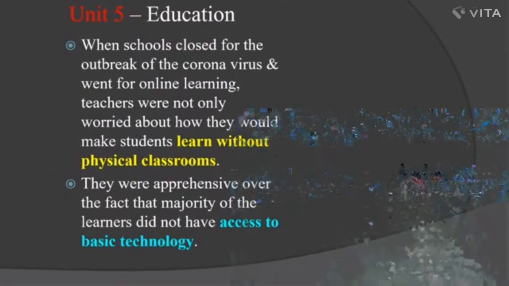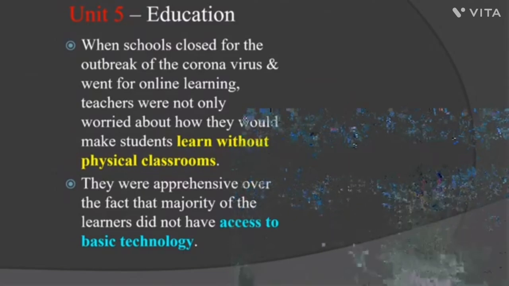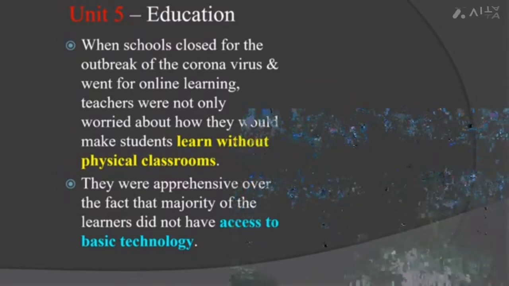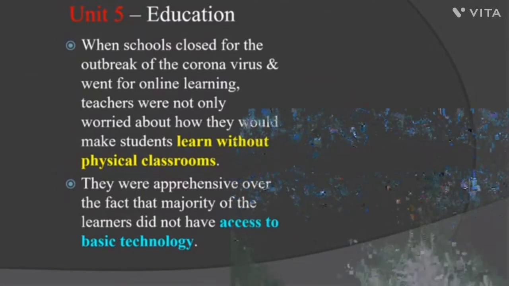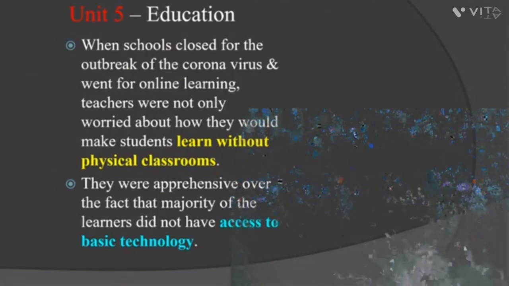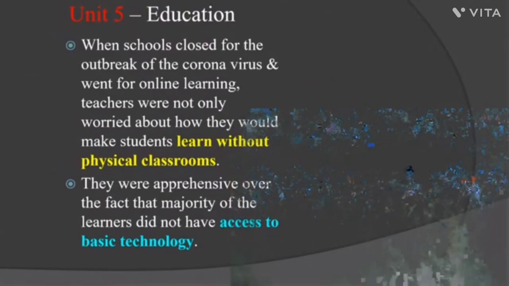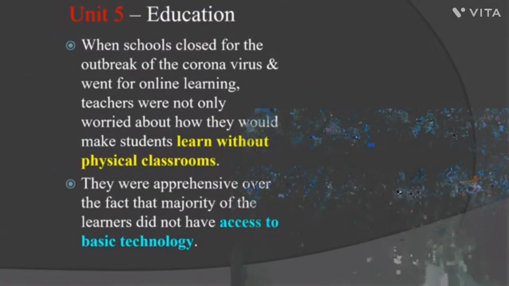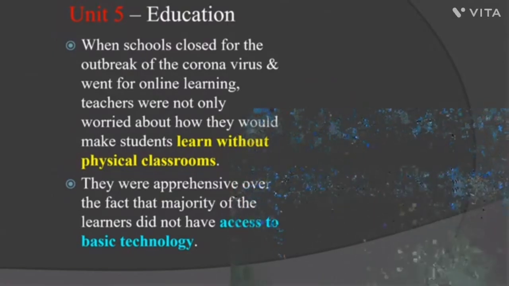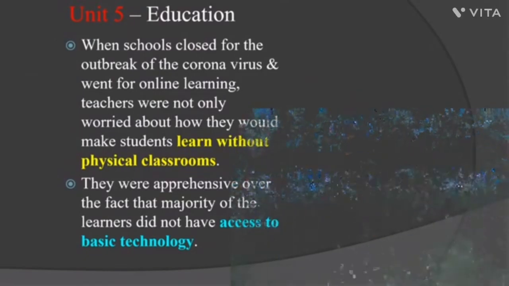So that is where the question of the digital divide arose, and it became a major obstacle in India's education system, and also in the fulfillment of the Sustainable Development Goals by India.